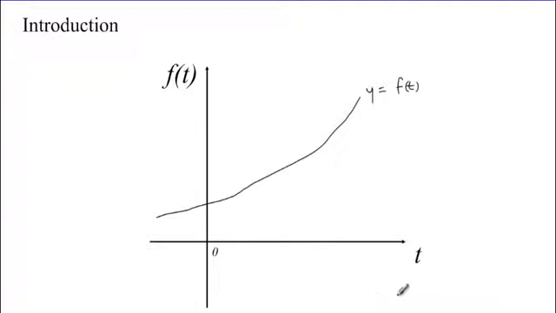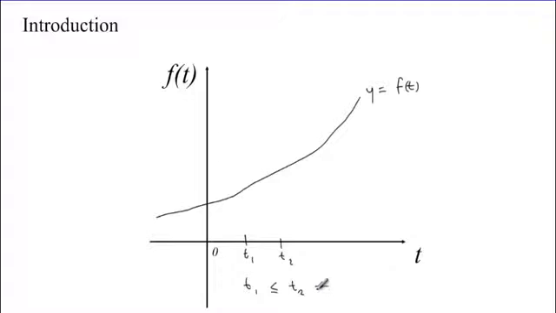And on the other hand, I would like to revise, or some people might be meeting for the first time, this. We say a function is growing or is increasing if, let's say, we've got t1 here and t2 there. Remember, from the left to the right, numbers are increasing. So we'll say a function is increasing if clearly here we see that t1 is less than or equal to t2.